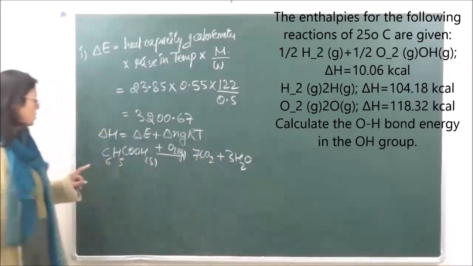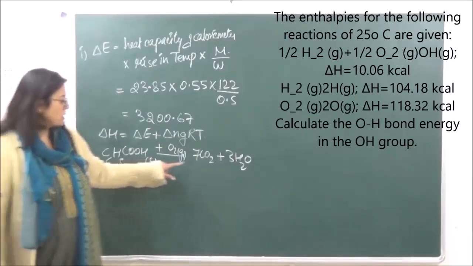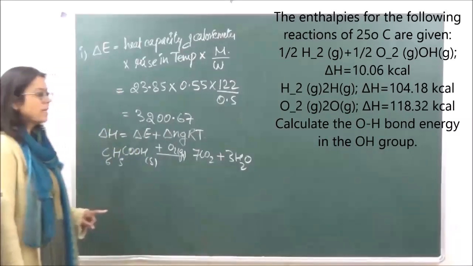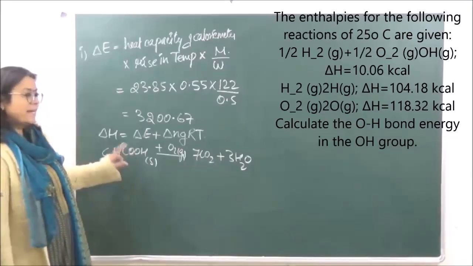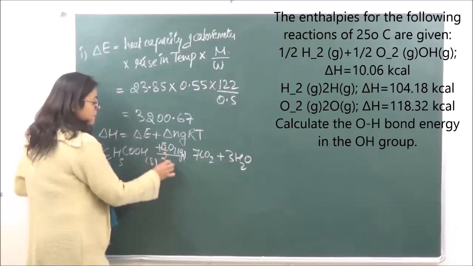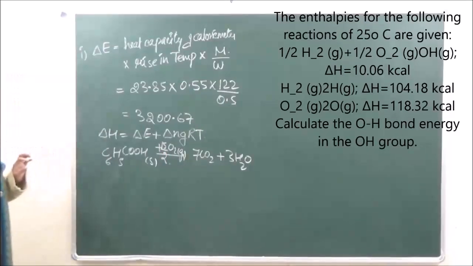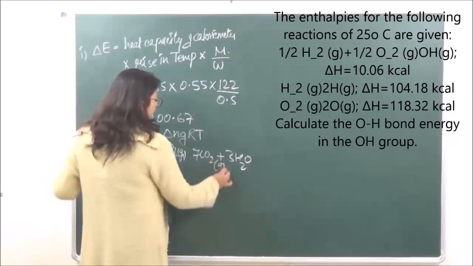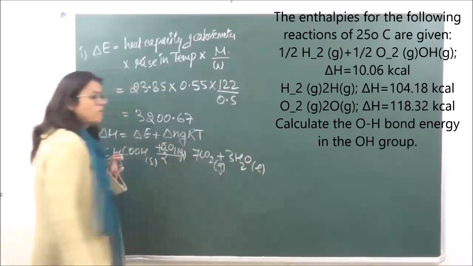Let's balance the oxygens. On this side you have 2 oxygens, so here 7 twos are 14, and 3, 17 oxygens are required. 2 are already there, so 15 by 2 oxygen. So this is our balanced equation. Over here, carbon dioxide is going to come in the form of gas and water in the form of liquid.